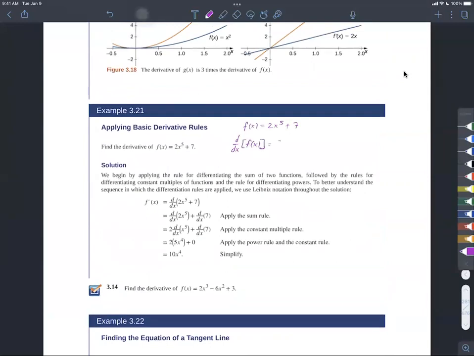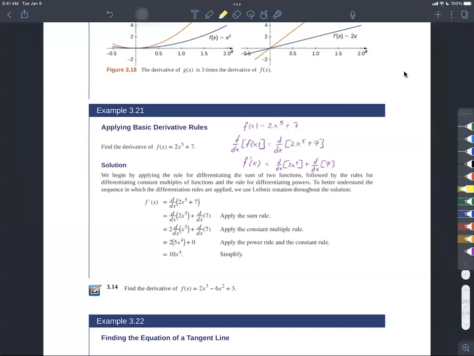Once this is done, I'm going to derive both the left and the right hand side of this equation. On the left-hand side, I'm going to just get f prime of x, which is the derivative function notation. On the right-hand side, how do we take the derivative of a sum of two functions? We said earlier that this is just the derivative of the first function, 2x to the 5th, plus the derivative of the second function.